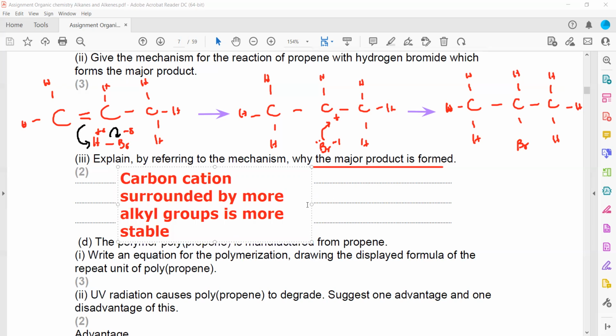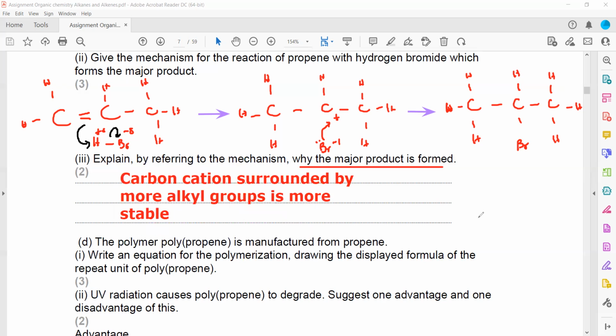In this case, it is a secondary carbon cation. Why secondary? In the major product, the carbon cation is surrounded by 2 carbon atoms. In the minor product, the carbon cation is surrounded by 1 carbon chain. So that is called secondary, and this one is the primary carbon cation.